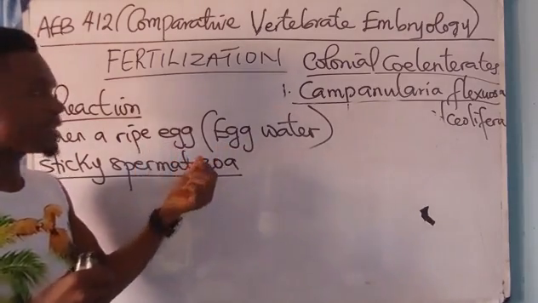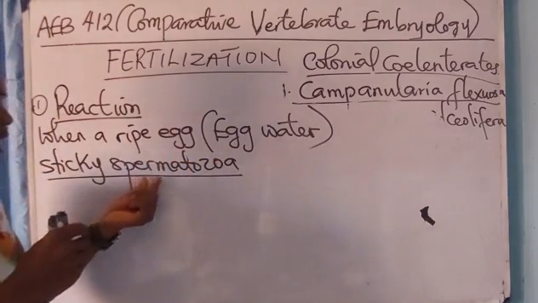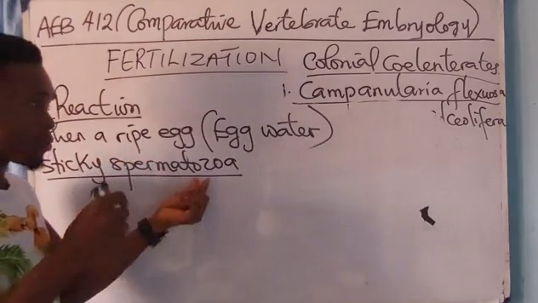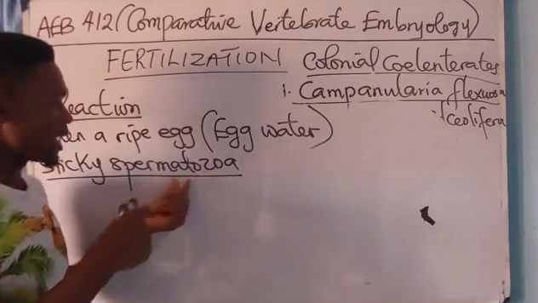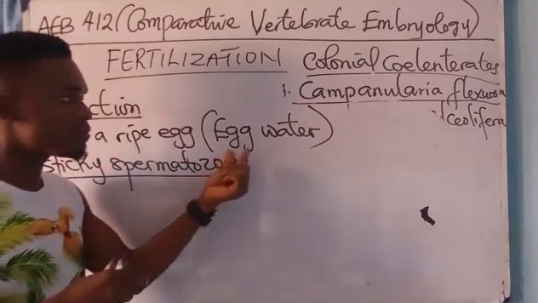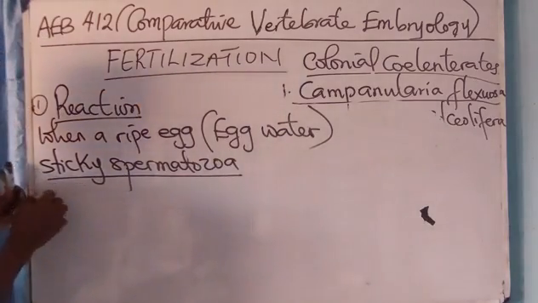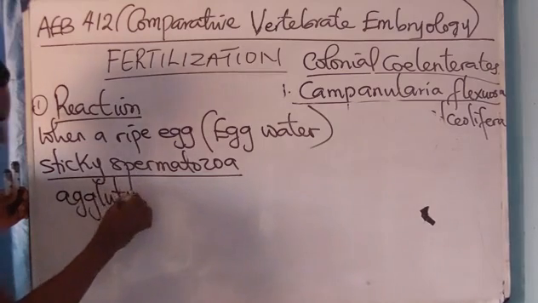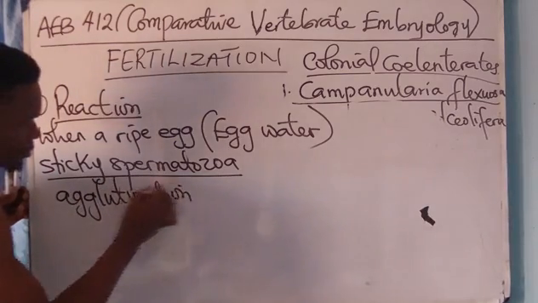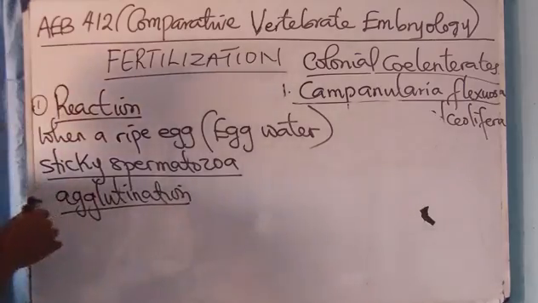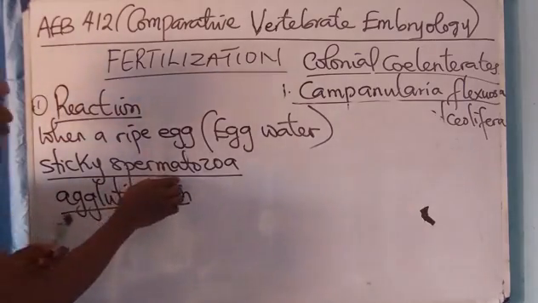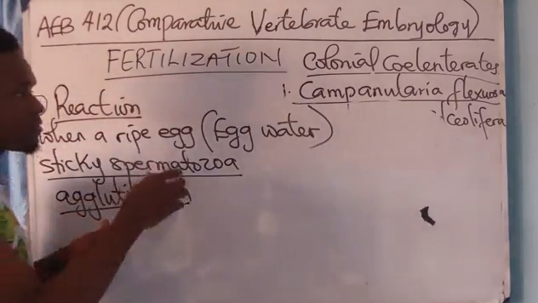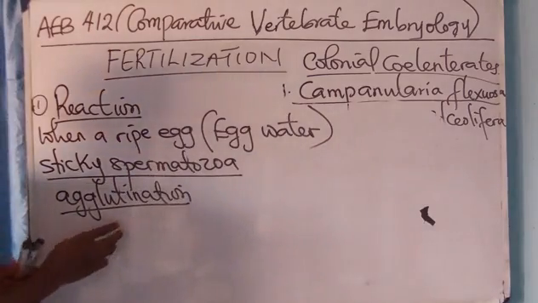And the process whereby these spermatozoa adhere themselves to the surface of these eggs is called agglutination. The process whereby these sticky spermatozoa adhere themselves to the surface of this egg is called what?